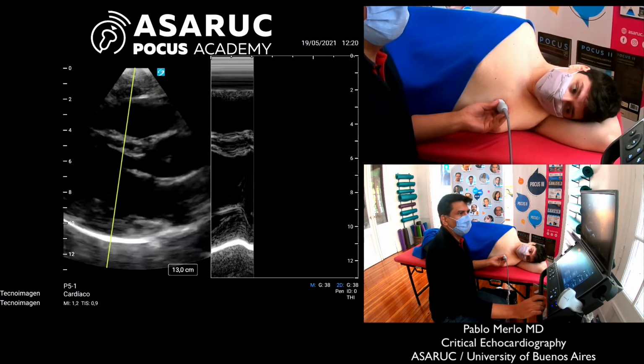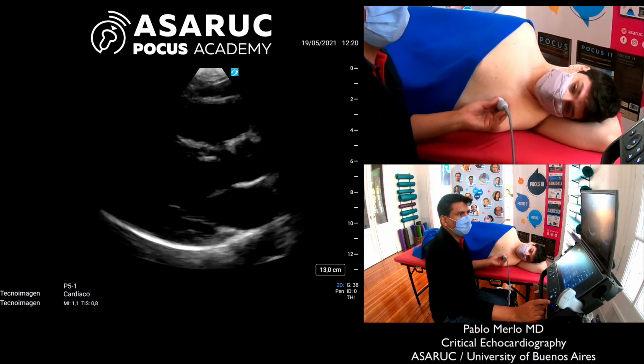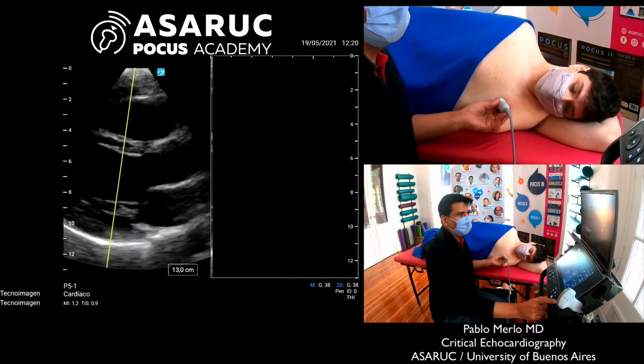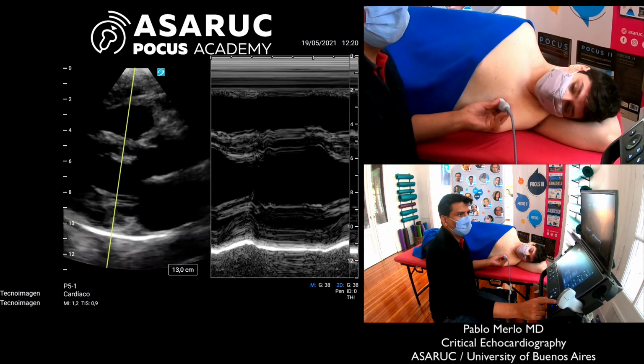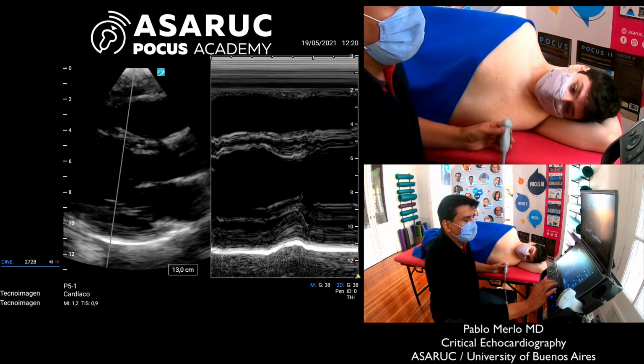Still on a parasternal long axis view of the left ventricle, we'll switch to M mode. As perpendicular as possible to the left ventricle long axis and above the mitral valve plane, what we call level 1.